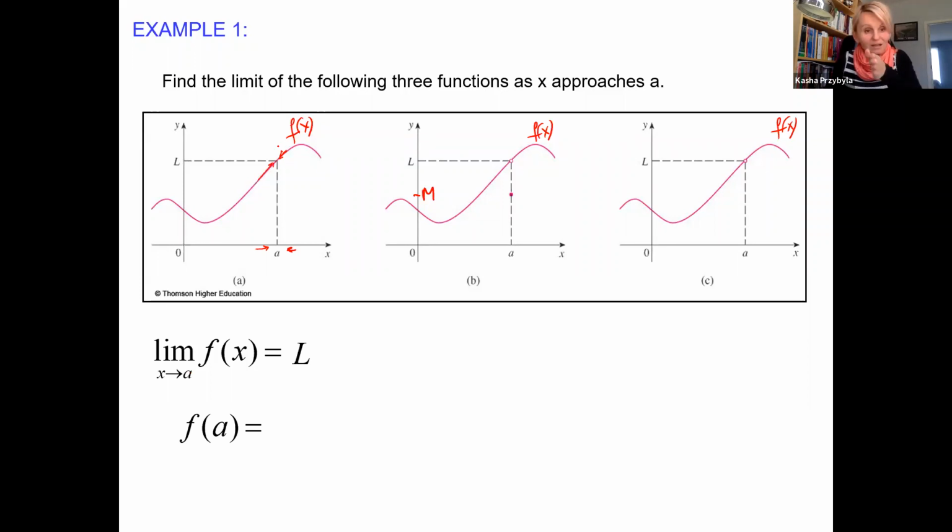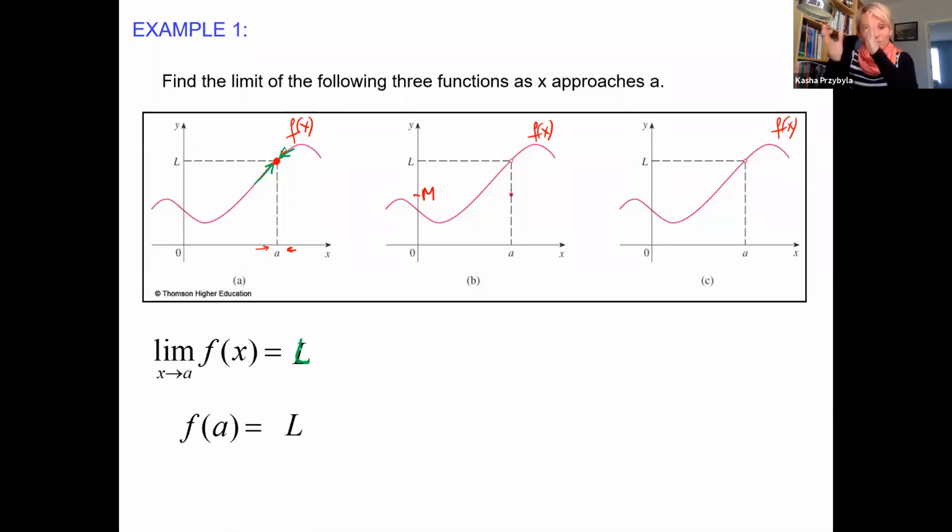What is the exact value at a? It's of course L. Really good, because I can even draw the solid dot. The solid dot is important for the value. But with respect to the limit, the function is approaching that dot. The solid dot or the open dot doesn't matter for the limit.